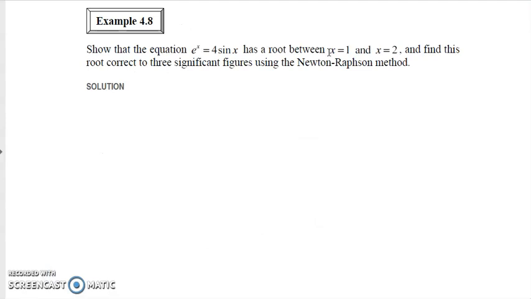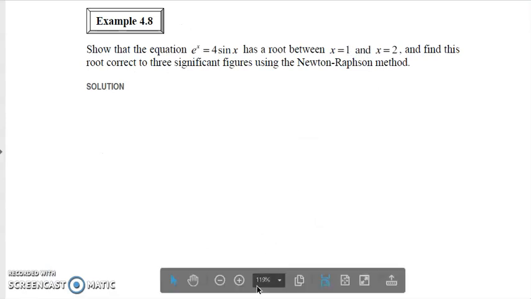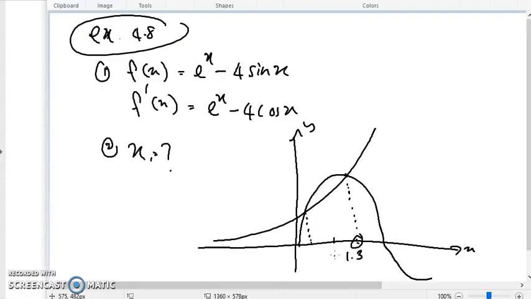It's already said here between x is equal to 1 and x is equal to 2. So 1 is somewhere over here and 2 is somewhere over here. So between 1 and 2 will be this one only. So we are not going to take this one. So I hope you're clear about that part. So after you've got x1, x1 we are going to assume approximately 1.3.